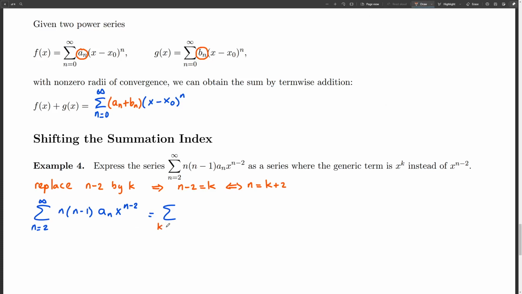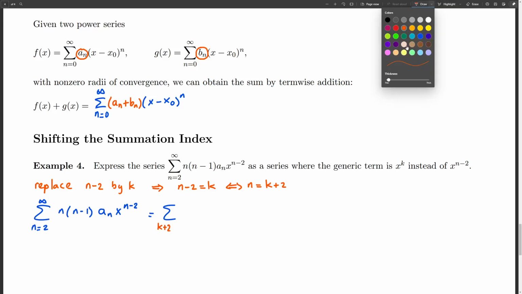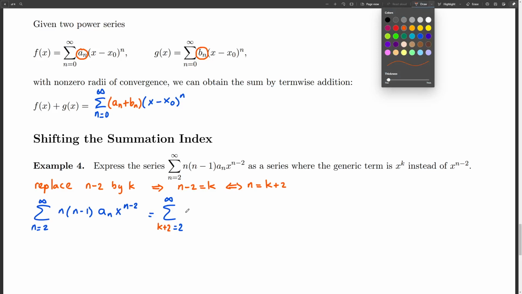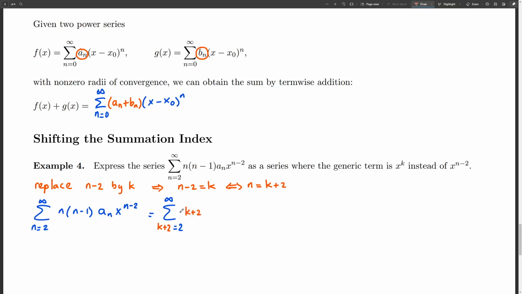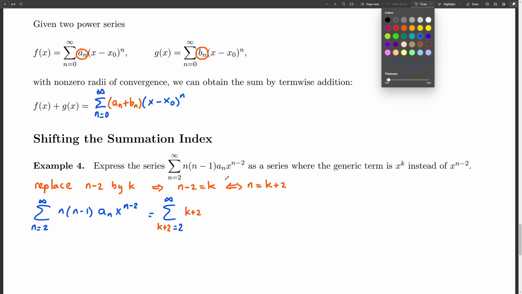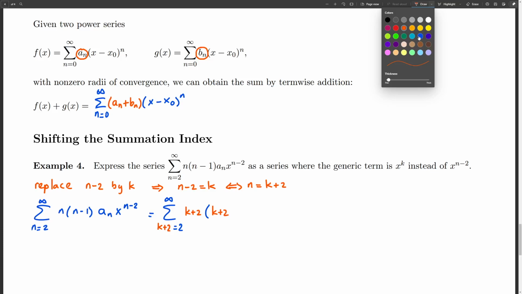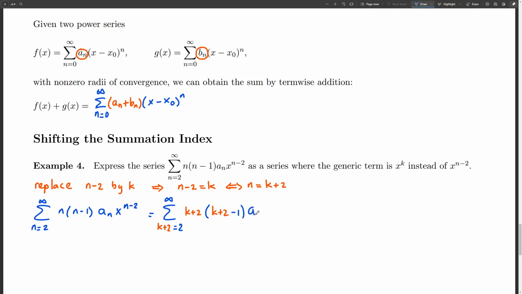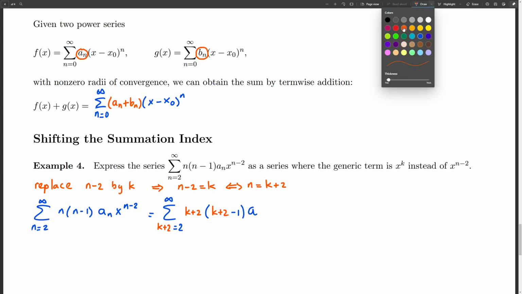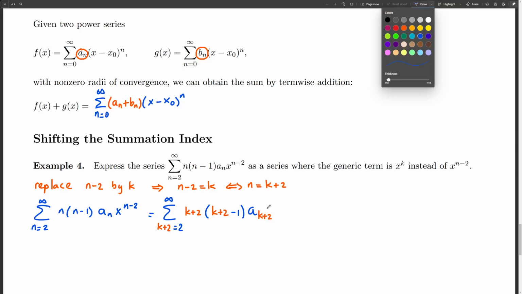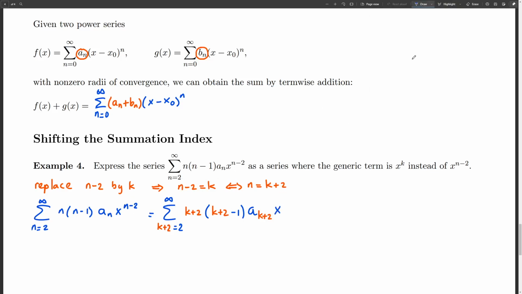So now I have k plus 2 equals 2 to infinity, and then my n here, I'm going to replace by k plus 2, and then times n, I'm going to replace by k plus 2, and then I have minus 1, and then I have a sub n, and that n I'm going to replace by k plus 2, and then x to the power n minus 2, and I can replace that by k.